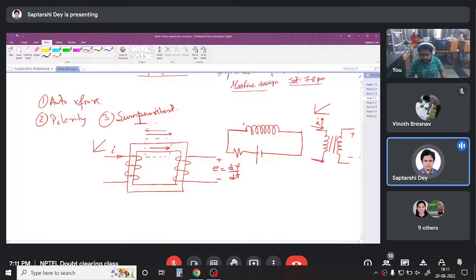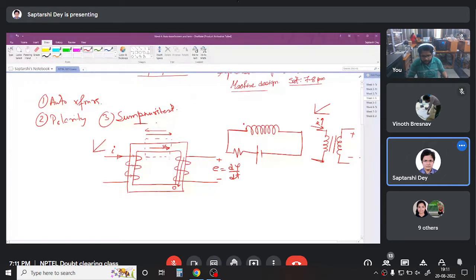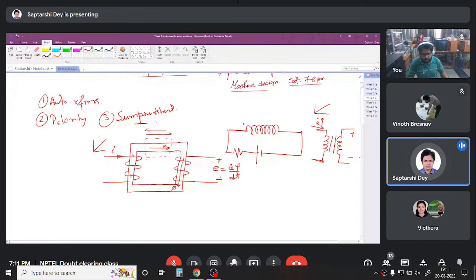It is increasing, flowing in this direction and increasing. Now what is happening? You see this flux phi is increasing and this winding links a flux phi downwards, and this flux is an increasing flux. So can you tell me in what direction will it produce EMF? Like this EMF E, with the polarity that I have shown here, will the EMF be positive or negative?